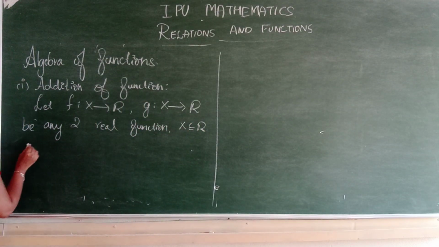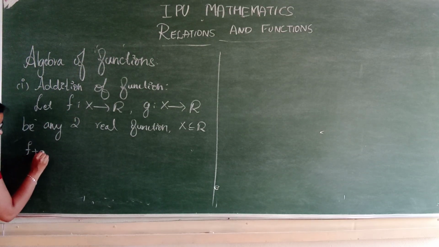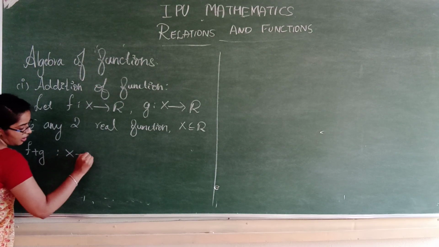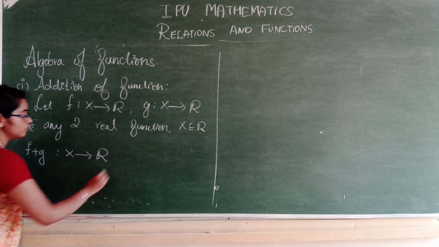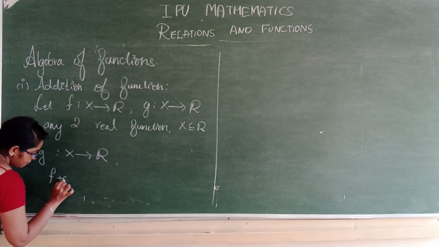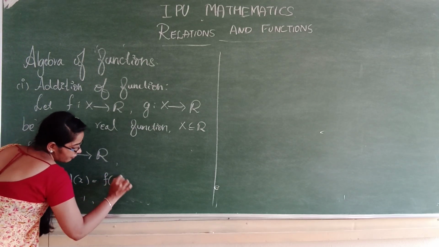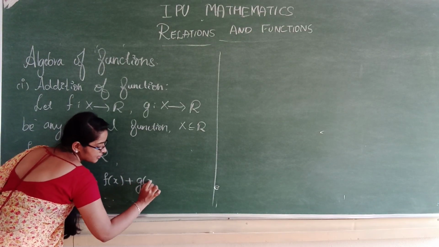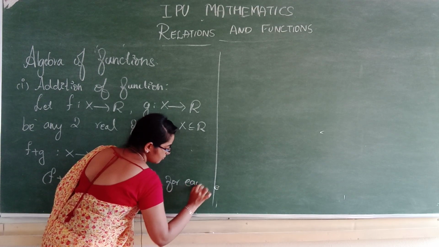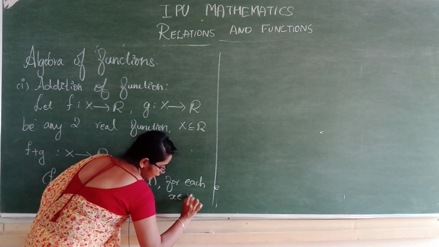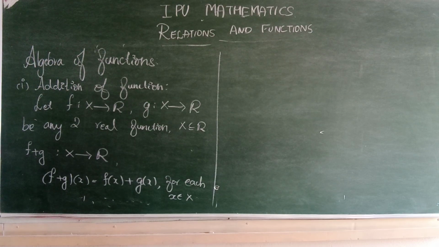Now we define addition of functions f and g, f plus g from X to R, as follows: f plus g of x is equal to f of x plus g of x for each x belongs to the domain X. This is how we define the addition of two functions f and g.